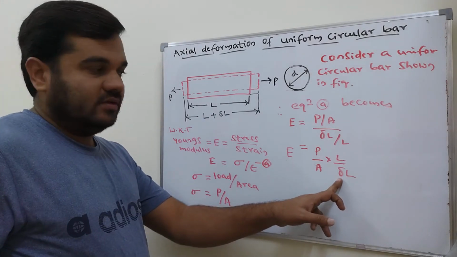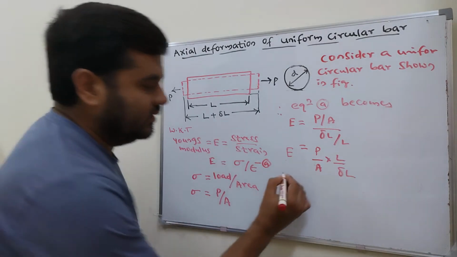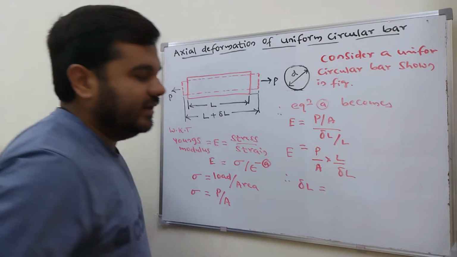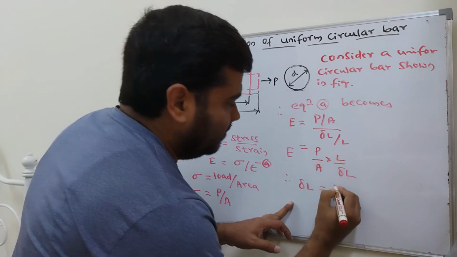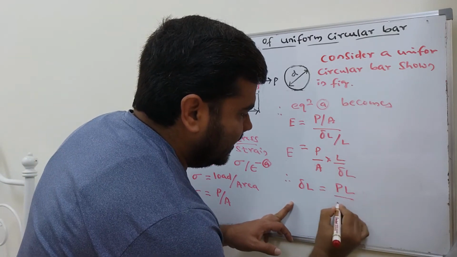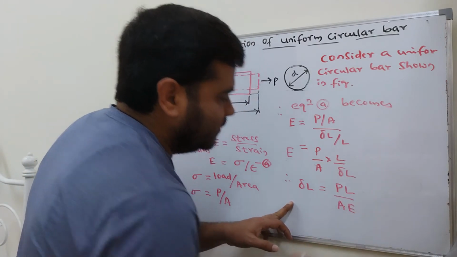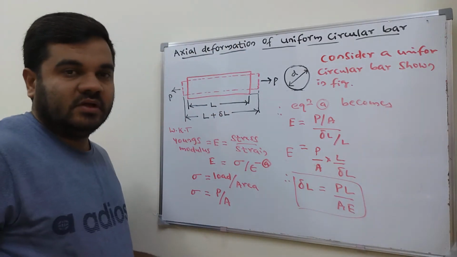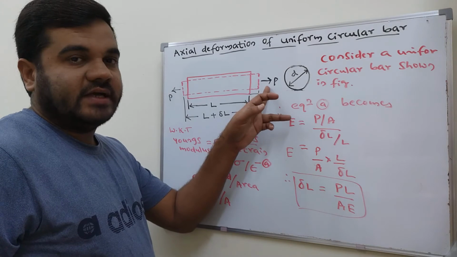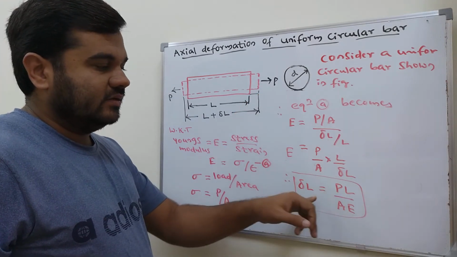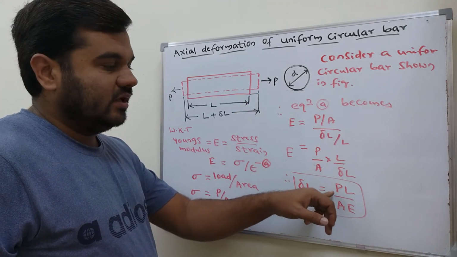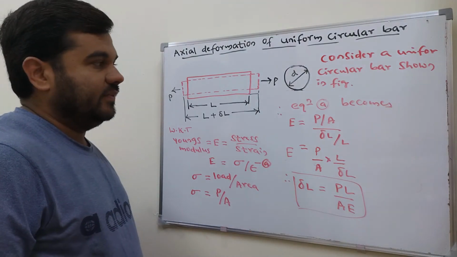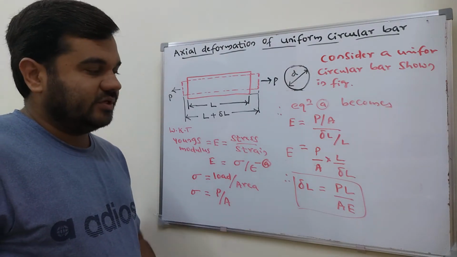So we want the deformation, that will be equal to del L. Del L equal to PL by AE. This is the deformation of the bar. When it is subjected to the axial tensile load P, the deformation is PL divided by AE. This is the basic formula if you want to find out the deformation.